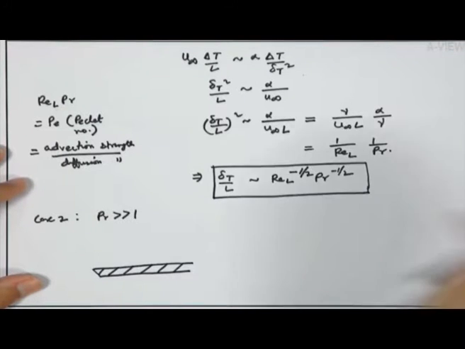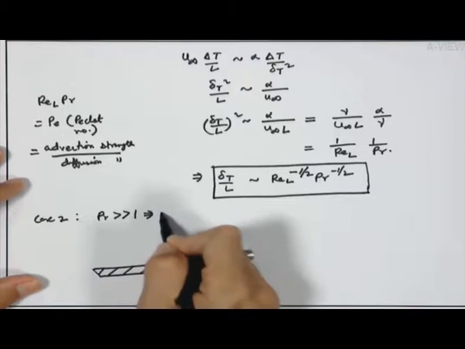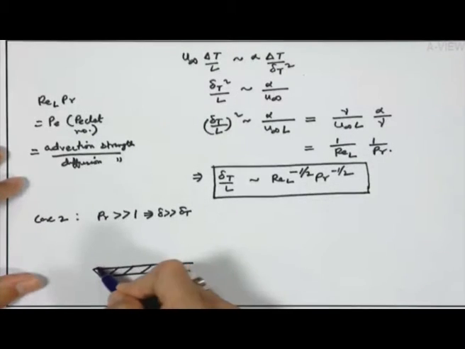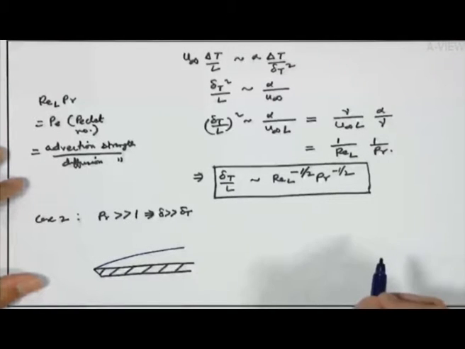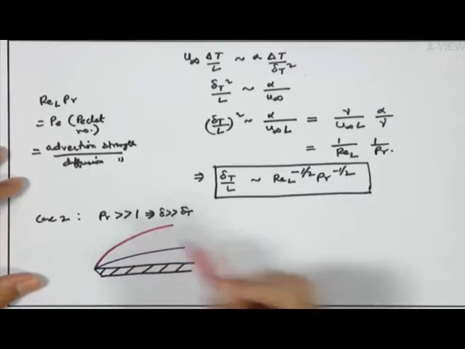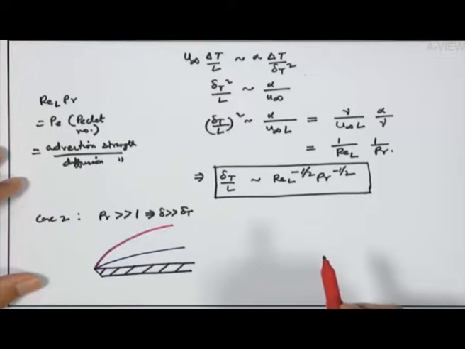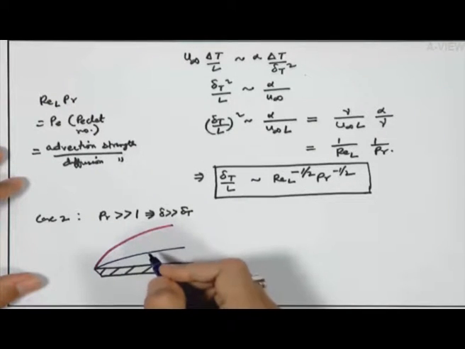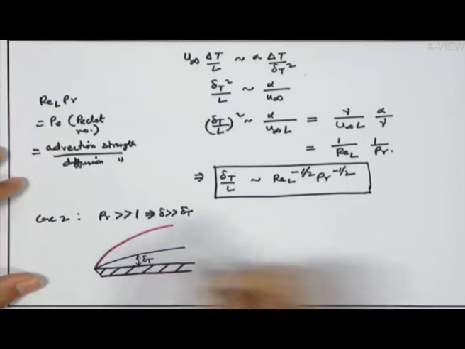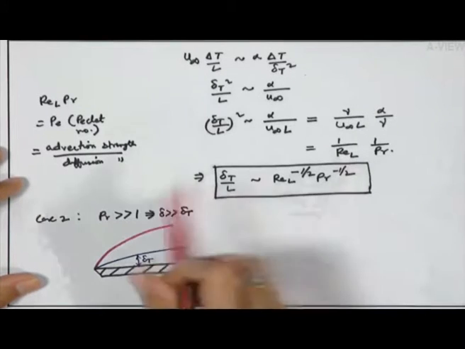Prandtl number much greater than 1 means delta much greater than delta T. So, the thermal boundary layer here which we are drawing by the blue line is this, and the hydrodynamic boundary layer is somewhat like this. So, I can write this is delta T and this is delta.